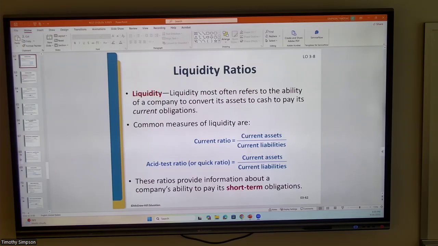Again, liquidity simply refers to the ability to convert assets to cash and to be able to pay obligations, particularly in the short run. And it really is a balance sheet concept. Solvency, on the other hand, is more of an income statement concept: where is the company generating earnings over the long haul? Is the company generating cash flow in order to meet its obligations longer term? And the two are similar, but they are different.